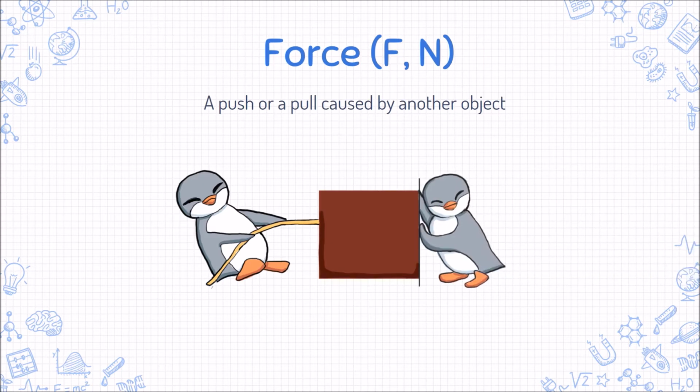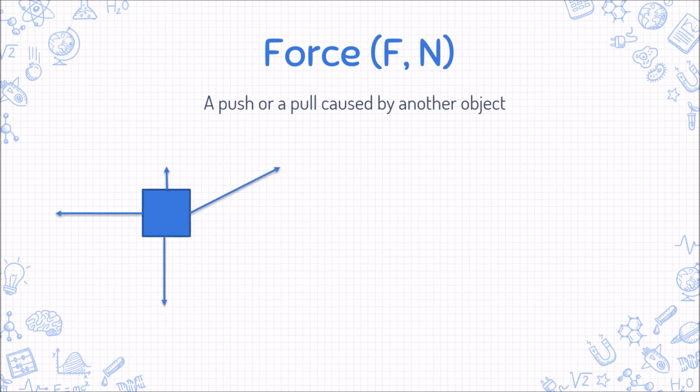Finally, for force, which is a push or a pull on an object, we can have free body diagrams with all the vector forces pointing out of the object, like so.